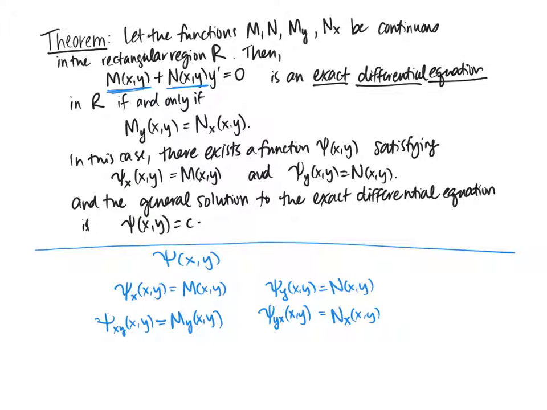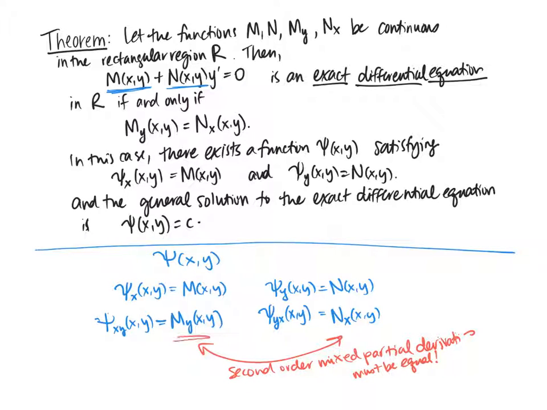So that's why these two have to be equivalent, because they are second order mixed partials. So if you have these second order mixed partials that are equivalent, then that means there exists this psi function.